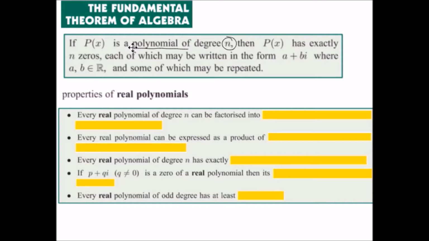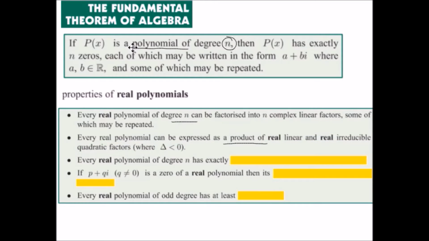Properties of real polynomials. The first one: if you have a polynomial of degree n, it can be factorised into n complex linear factors. The second one: you can express any polynomial as a product of its factors, and they'd be either real linear factors or quadratics that don't factorise, so irreducible quadratics.